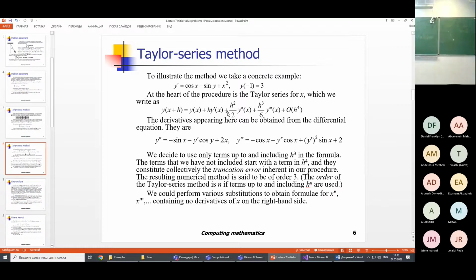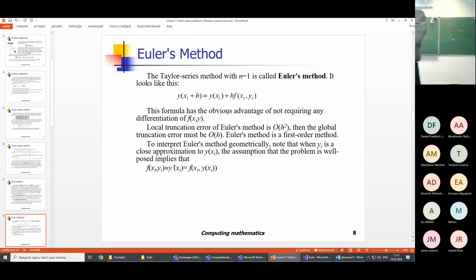But the idea of Euler's method is to truncate all of the terms starting from this one, up to and including h power 2. We consider only the first two terms in the Taylor series.